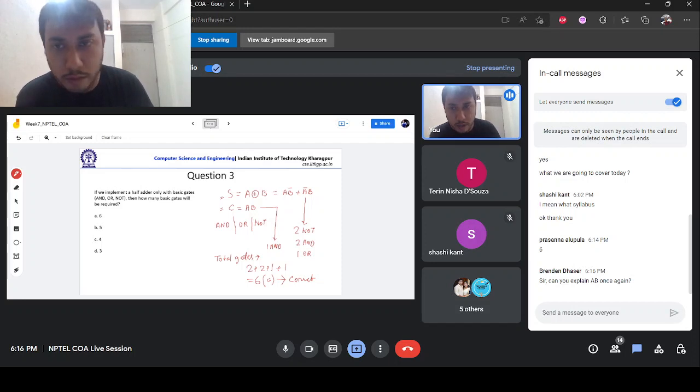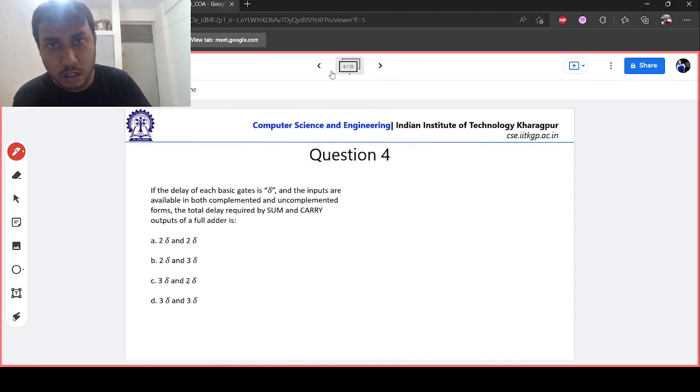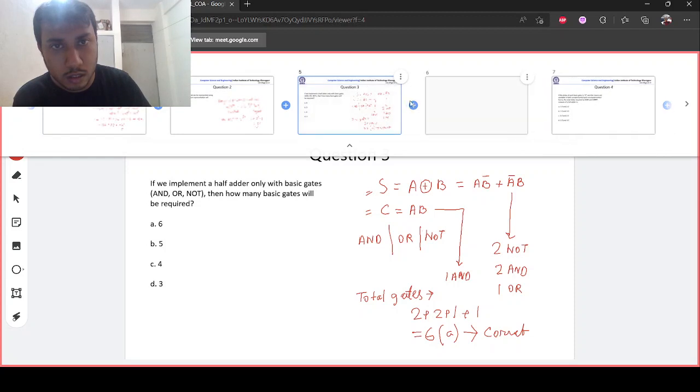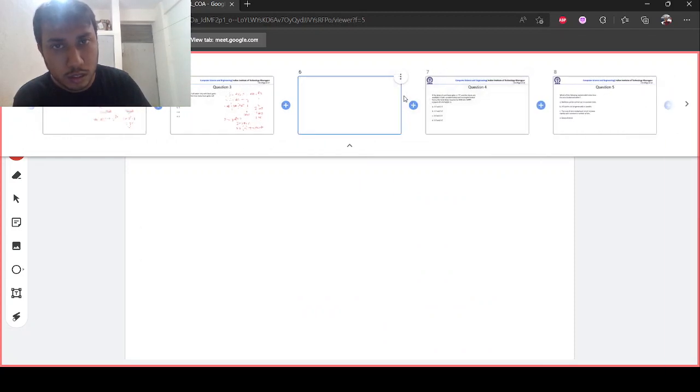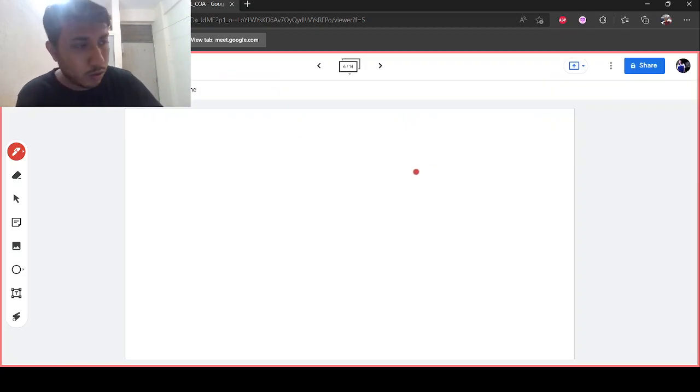Can you explain AB once? So AB is the carry generated. If you want to know how this is happening, you need to understand the truth table.